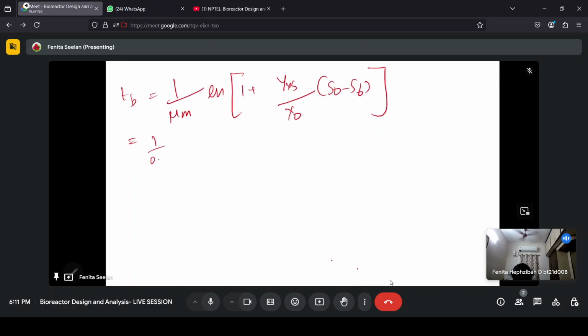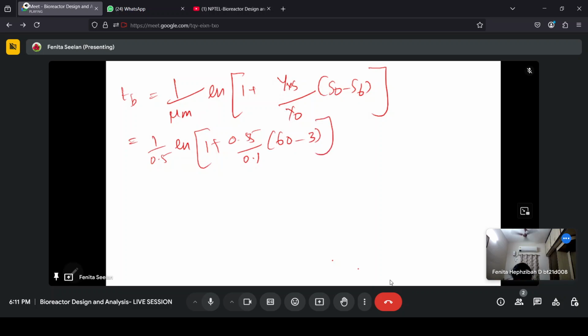So 1 by 0.5 ln of 1 plus 0.55 divided by 0.1, into 60 minus 3. So if we do the calculation, the answer will come around, how much will it be?